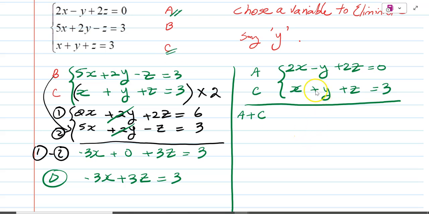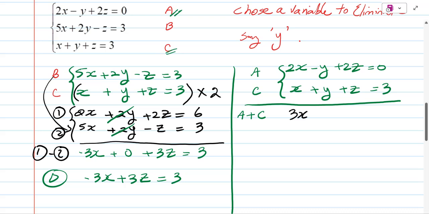Notice that you already have negative y plus y, so we just have to add the two equations. Adding equation A plus equation C, we get 3x, negative y plus y is 0, and then 2z plus z is plus 3z. On the other side, 0 plus 3 is 3. We have equations A, B, C, D, so let's call this equation E.